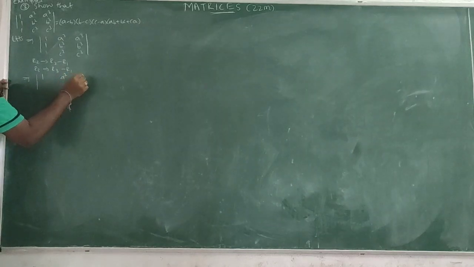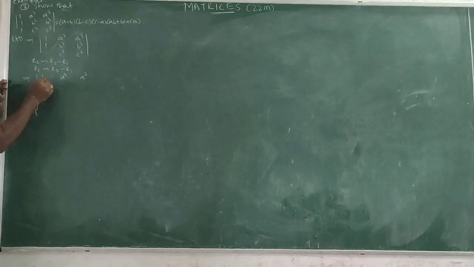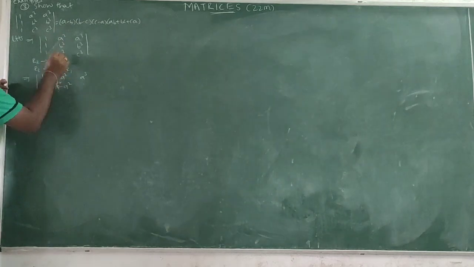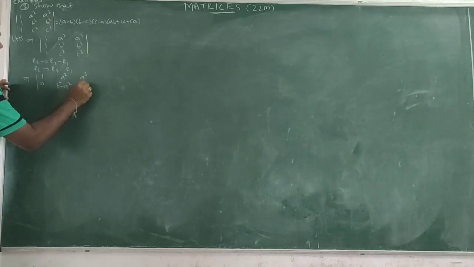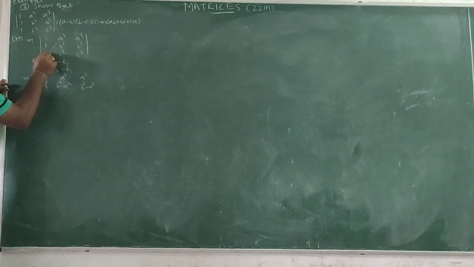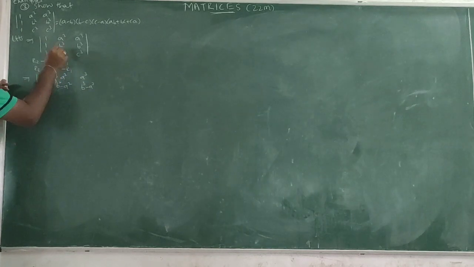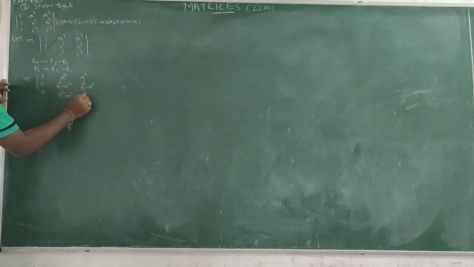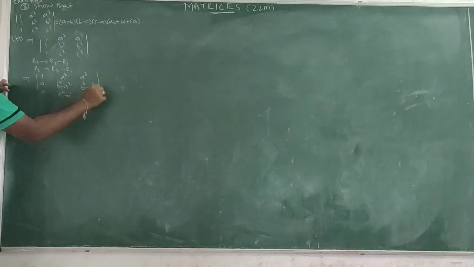Row 1: 1, a square, a cube. Row 2: 1 minus 1 is 0, b square minus a square, b cube minus a cube. Next, row 3: 1 minus 1 is 0, c square minus a square, c cube minus a cube.